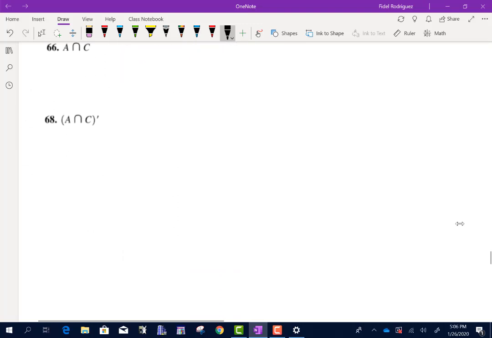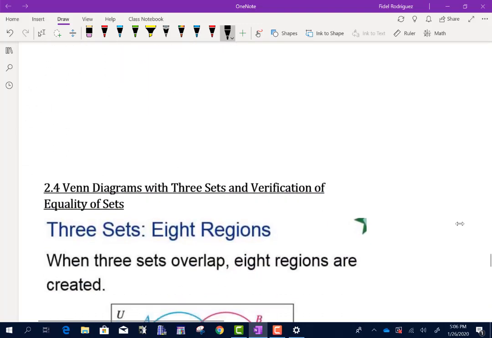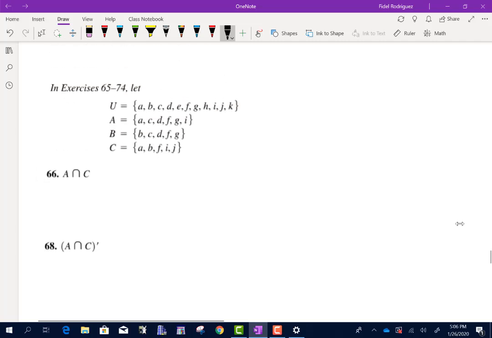Okay, so I think, let me double check. Yep. Last few problems here, guys. We're almost done. And this part should be kind of easy because it's only two pieces. I know you're tired. I'm tired too. Okay, A intersection C. Remember, all I'm going to do here is say, here's A, here's C. What letters do they have in common?